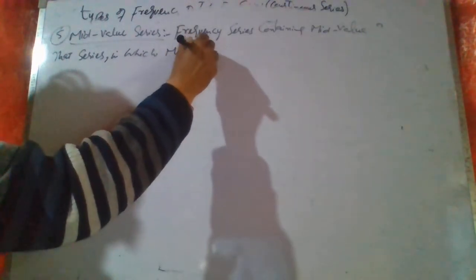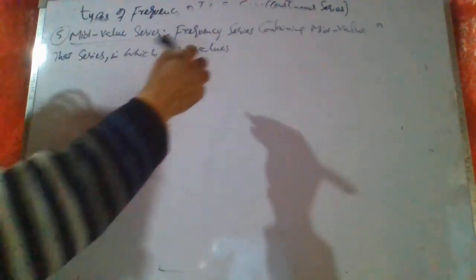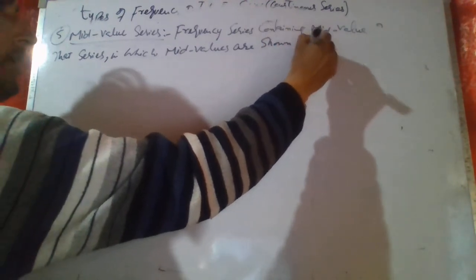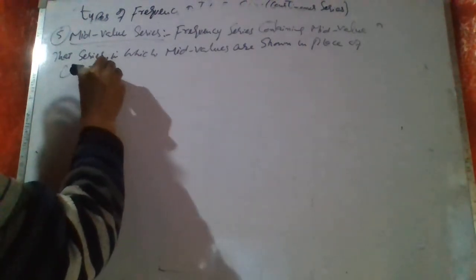So that series in which mid-values are shown in place of class intervals. There is no class interval, but in place of class interval there is a mid-value.